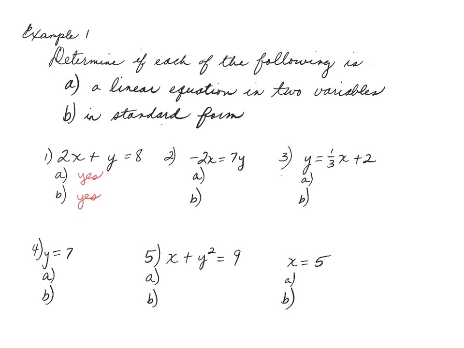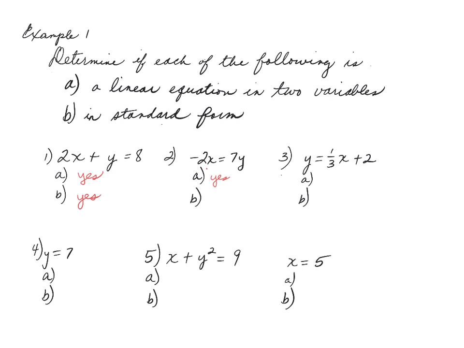All right, number 2. Is it a linear equation in two variables? You have an x term with a 1 as an exponent, and a y term with a 1 as an exponent on the y. So it is linear. Now, is it in standard form? Are both your x term and your y term on the left side and the constant on the other?